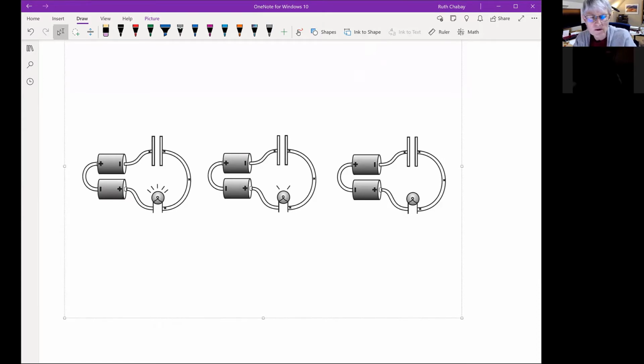So here's the battery, here's the capacitor, and there's the light bulb. We presumably started out with no charge on the plates of the capacitor. So initially Q equals 0. This is like a little comic strip evolving in time here.